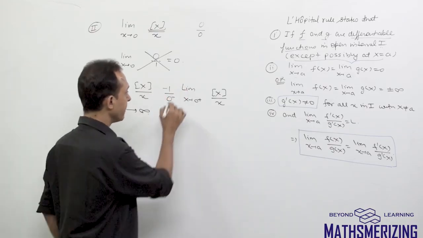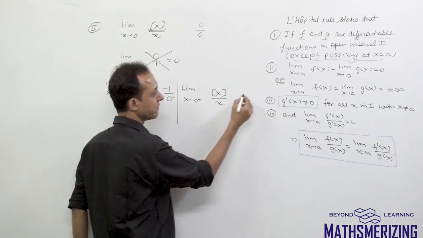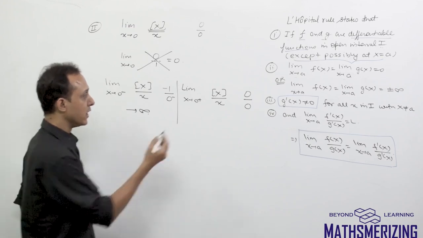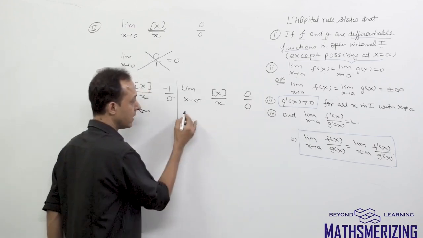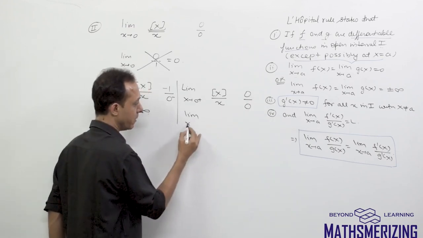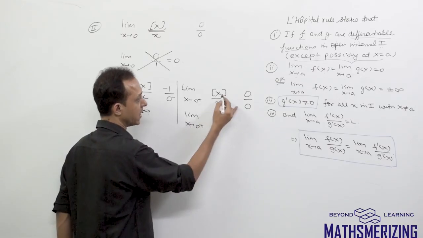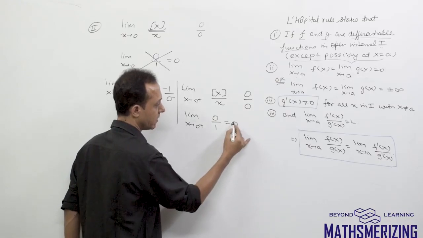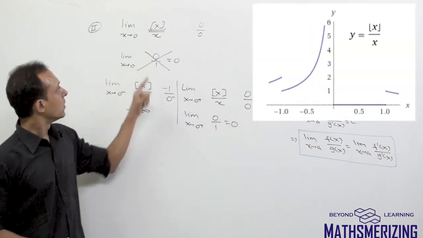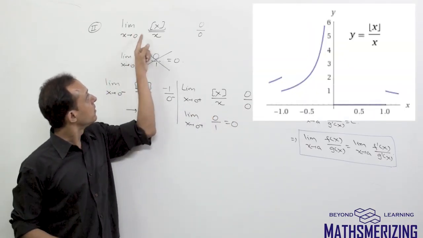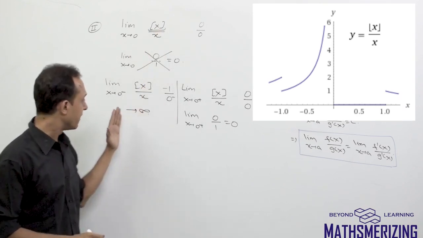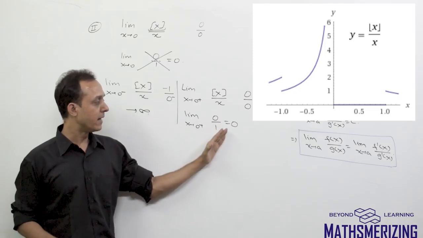Now on the right hand side, when x is 0 positive, the greatest integer function of x is 0. x is also 0. Now here I have 0 upon 0 form. Here I can use L'Hopital's rule. So limit x tends to 0 positive. Now the derivative of the greatest integer function of x will be 0. x will be 1. So now this limit is 0. So limit x tends to 0 of the greatest integer function of x upon x doesn't exist, because on the left hand side I have infinite and on the right hand side I have 0.